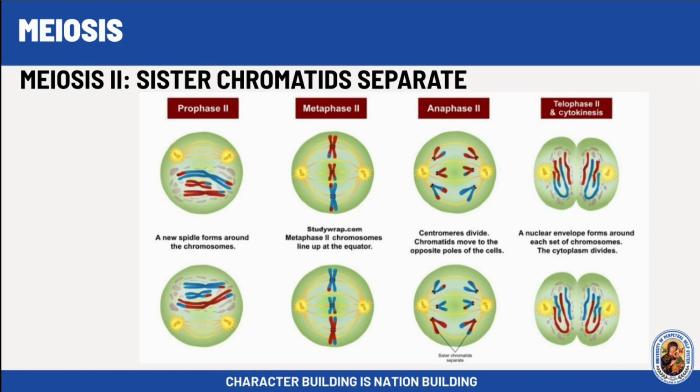Once the tetrads have already separated in meiosis one, in meiosis two we'll begin to separate the sister chromatids so that it could produce cells that contain half of the number of the original cell count in the parent cells. So that's primarily it for part one of our lesson regarding meiosis.